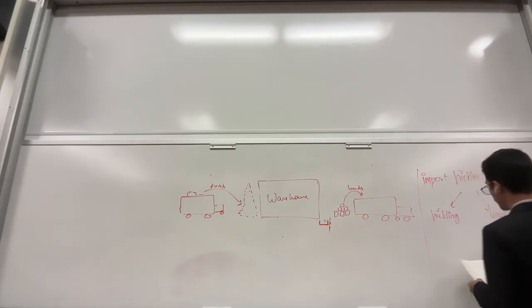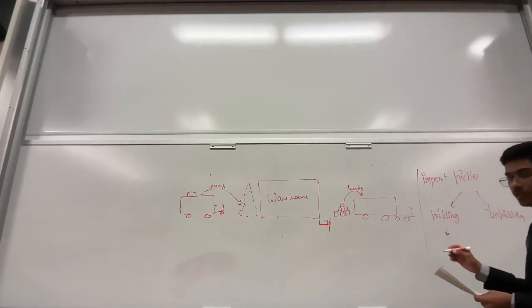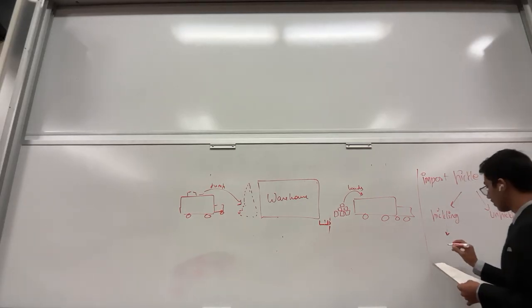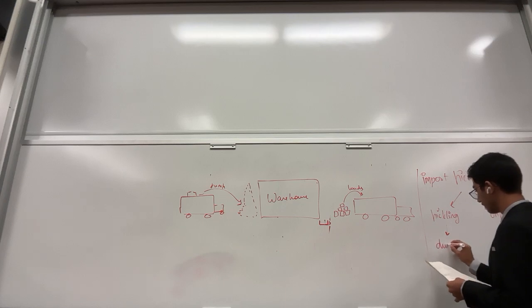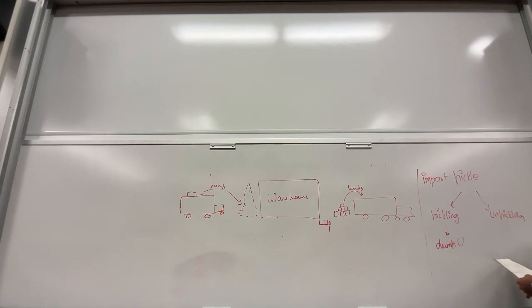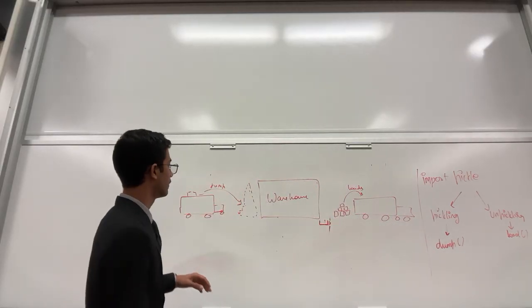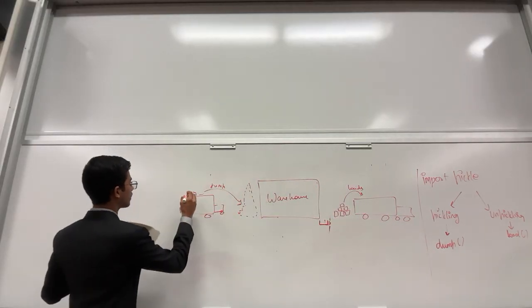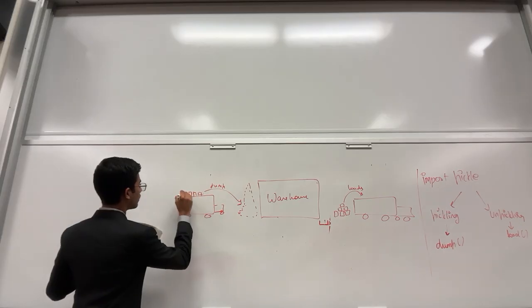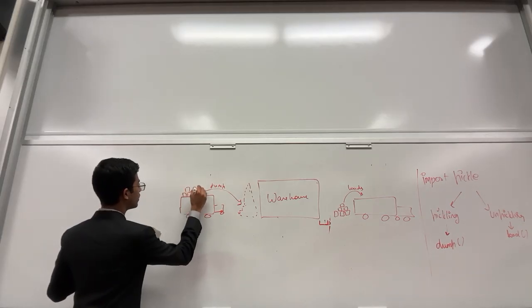Now, the way they do this is pickling is done by a function called dump, whereas unpickling is done by something called load. So, coming back to the example that we were talking about earlier, let's say that my truck comes in with some neat human readable data.